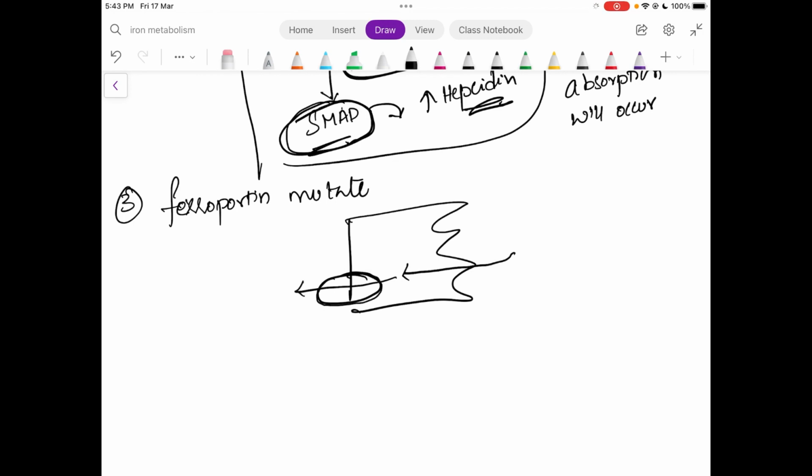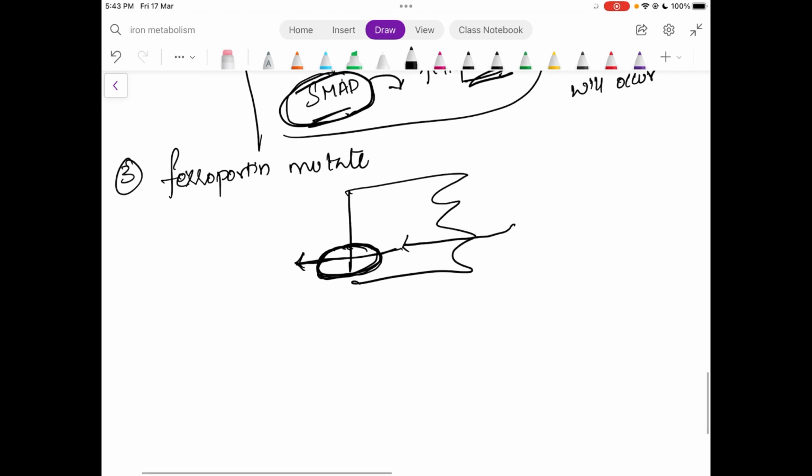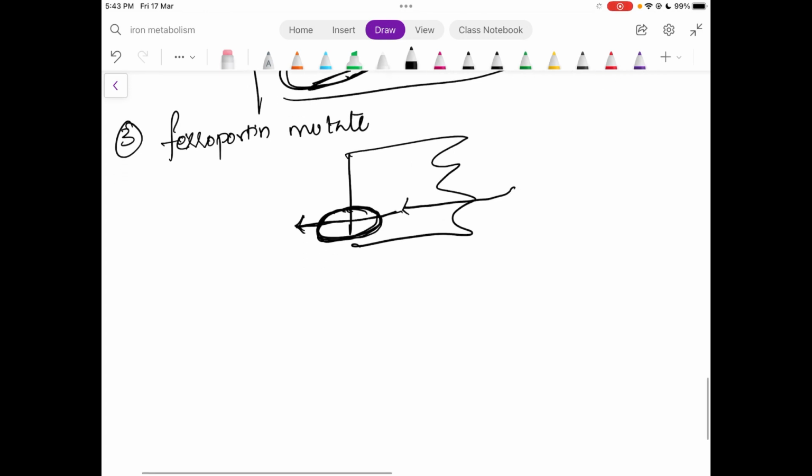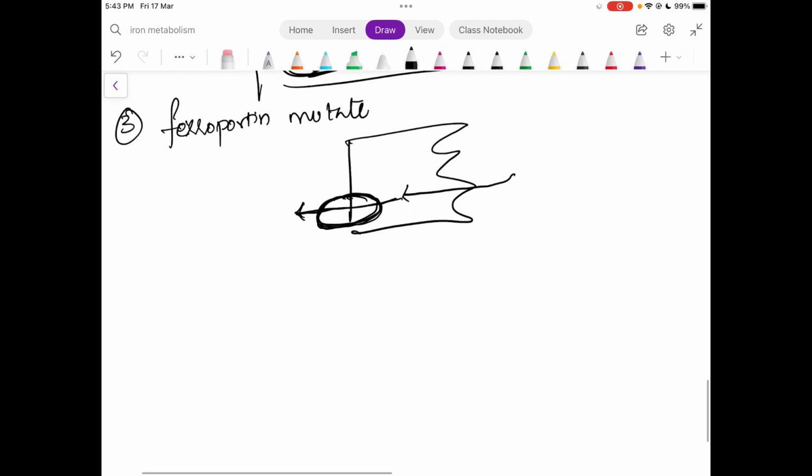If ferroportin is damaged, it can't be regulated with the hepcidin, and directly iron will be absorbed into the blood and it causes iron overload. This ferroportin will be regulated by hepcidin. And if there is a mutation in hepcidin also, it will not regulate iron absorption.